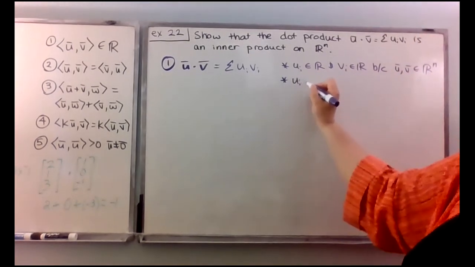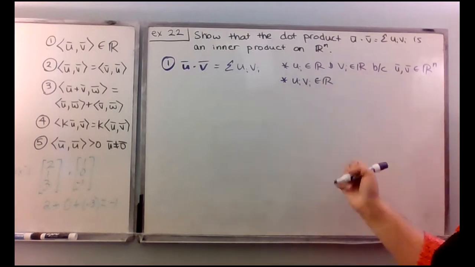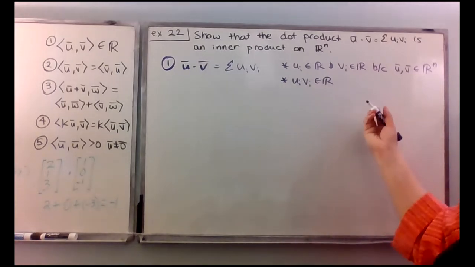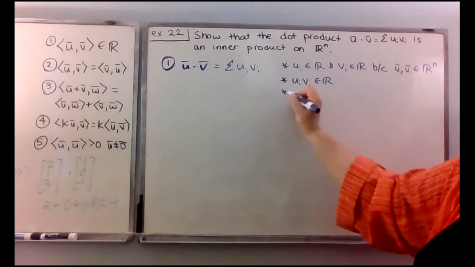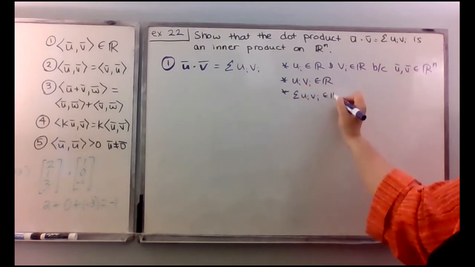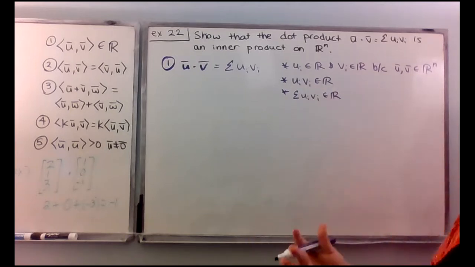Then I would say that ui times vi has to be an element of R, because the product of real numbers is a real number. And then the sum of the ui's and the vi's has to be an element of R, because the sum of real numbers is a real number.